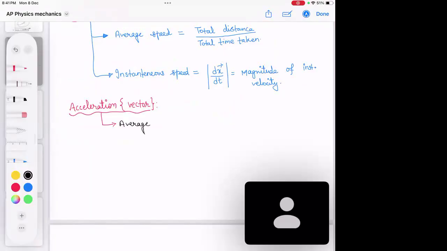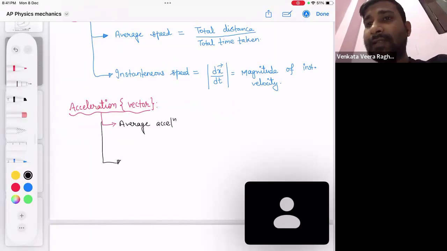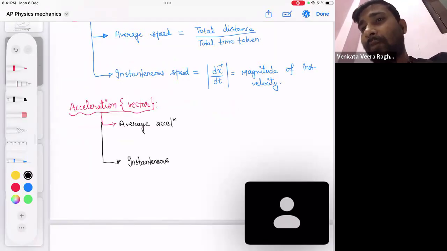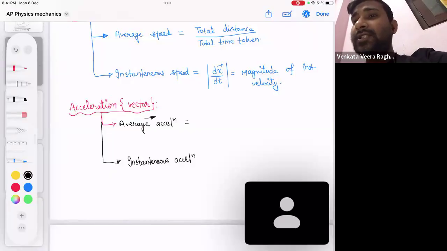Average and instantaneous. First one is going to be the average acceleration. Second one is going to be instantaneous acceleration. What is the difference between these two? Again, is it the difference of time interval? In the average case, yes, the time interval is large.